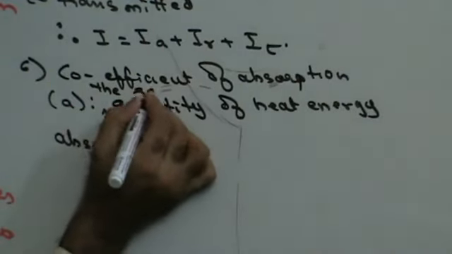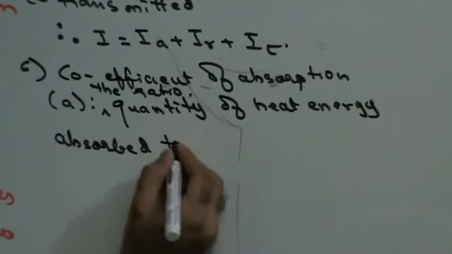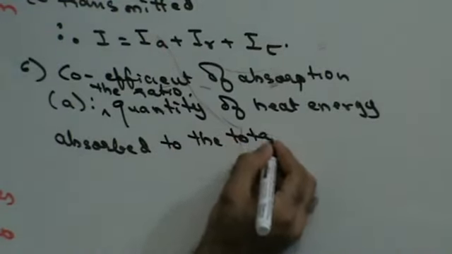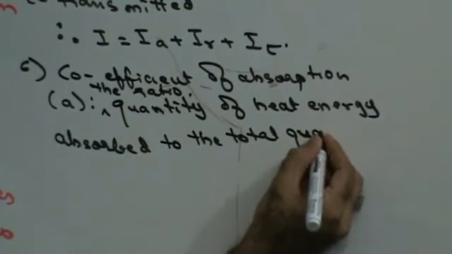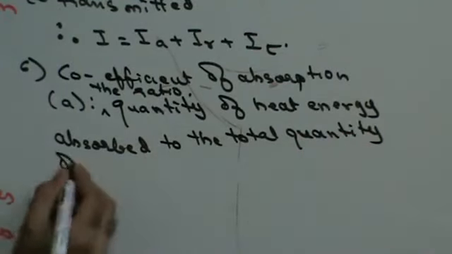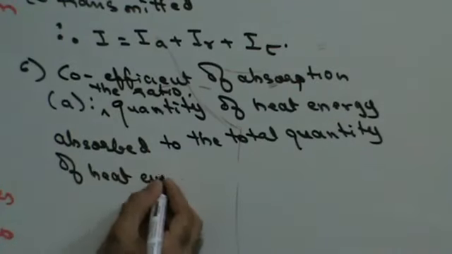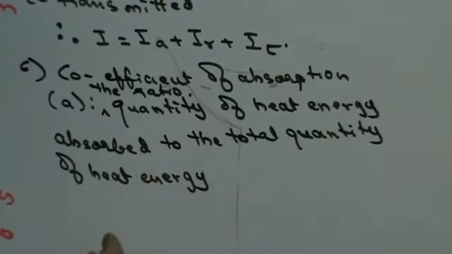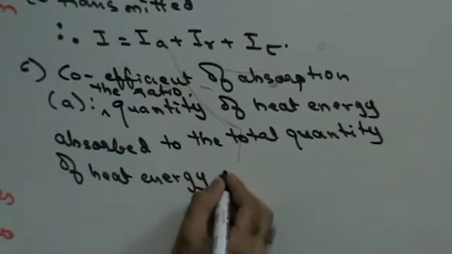It is defined as the ratio of the quantity of heat energy absorbed to the total quantity of radiant heat energy incident on it.